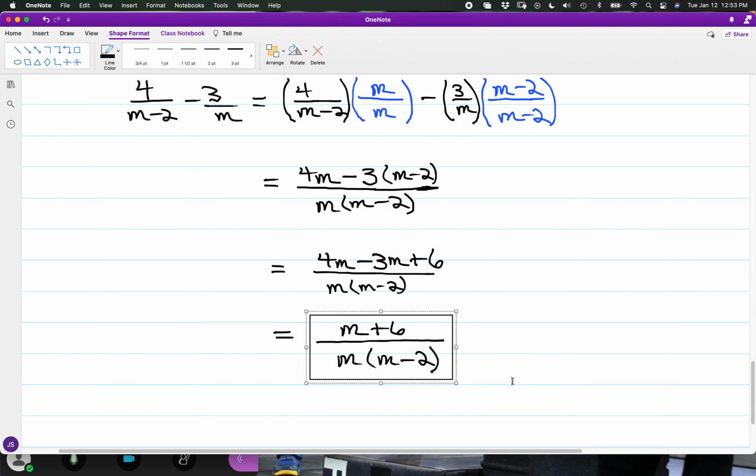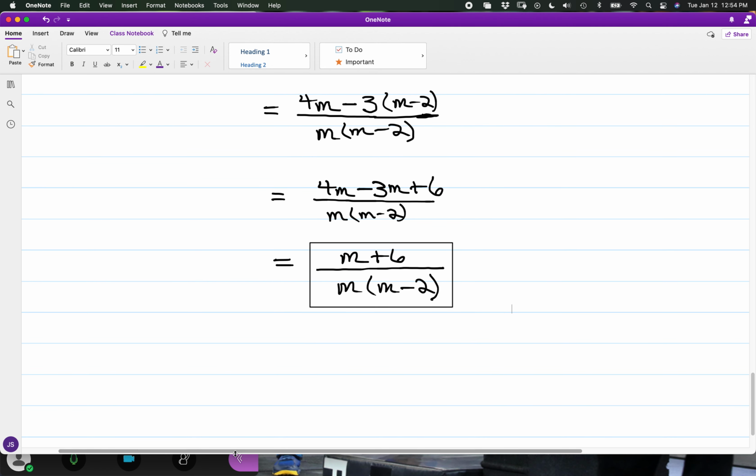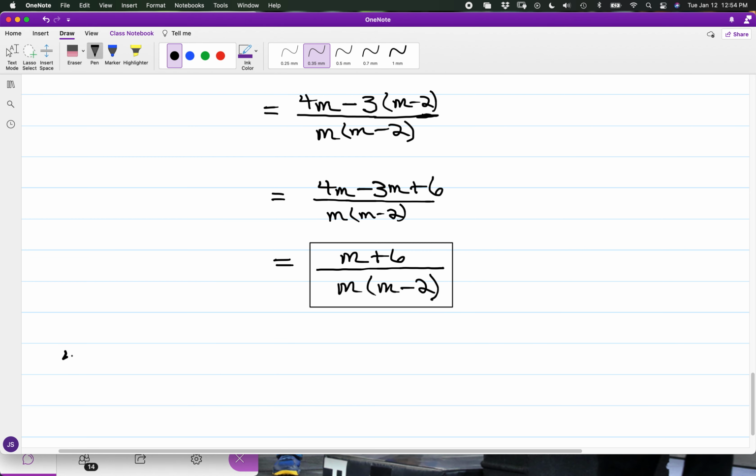Now, taking what we have regarding number 52, this time we have 3 ratios in the mix. Here we have 5 over t squared, plus 4 all over t plus 2, and minus 3 over t.